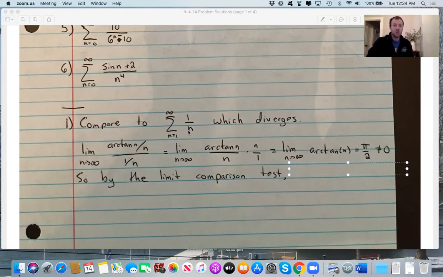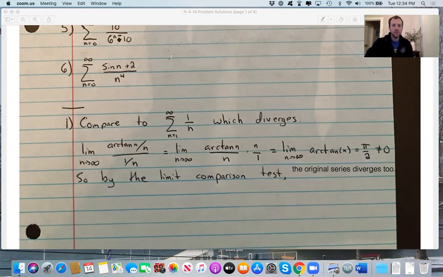The series that we compared our original one to diverges. So we could just say the original series diverges too. So this pi over 2 on its own doesn't say that the series diverges. It's that this pi over 2 says whatever happened here, that's the conclusion that we want to draw.